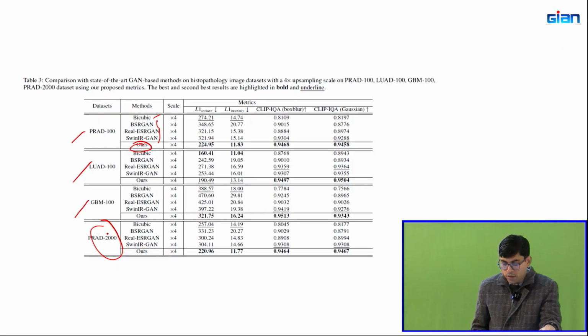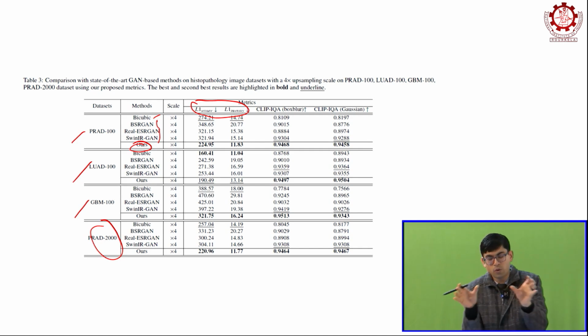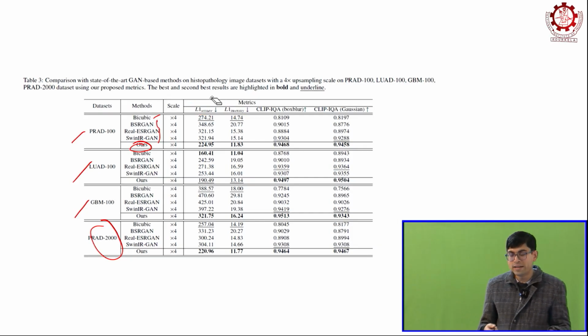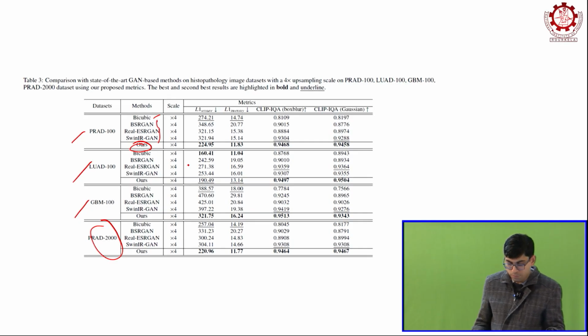If you just focus on the texture, L1 is essentially a distance metric, right? You have two different points and you just look at the L1 distance. With respect to texture or intensity, the lower the distance, the better it is. We find that our method was a lot better compared to the GAN methods.